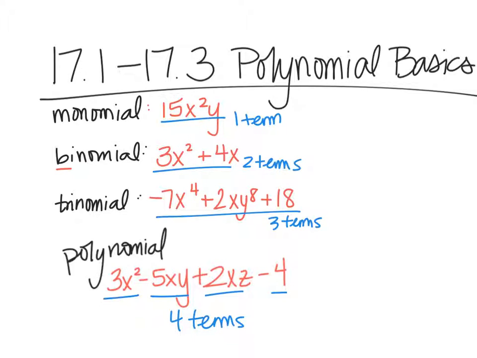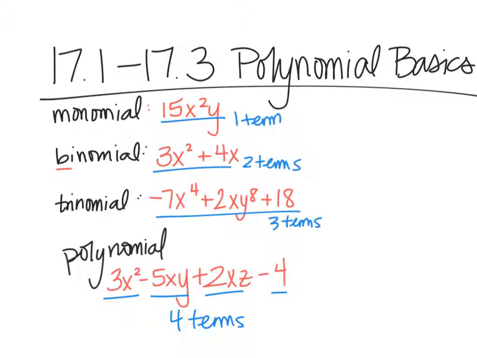So then the other part about polynomials is talking about their degree. So one way to measure a polynomial is by how many terms it has or how many pieces. And I hope you notice that the pieces are separated by addition and subtraction signs. That's how I know that this binomial has 2 terms, 1, 2, or that the trinomial has 3, 1, 2, 3.